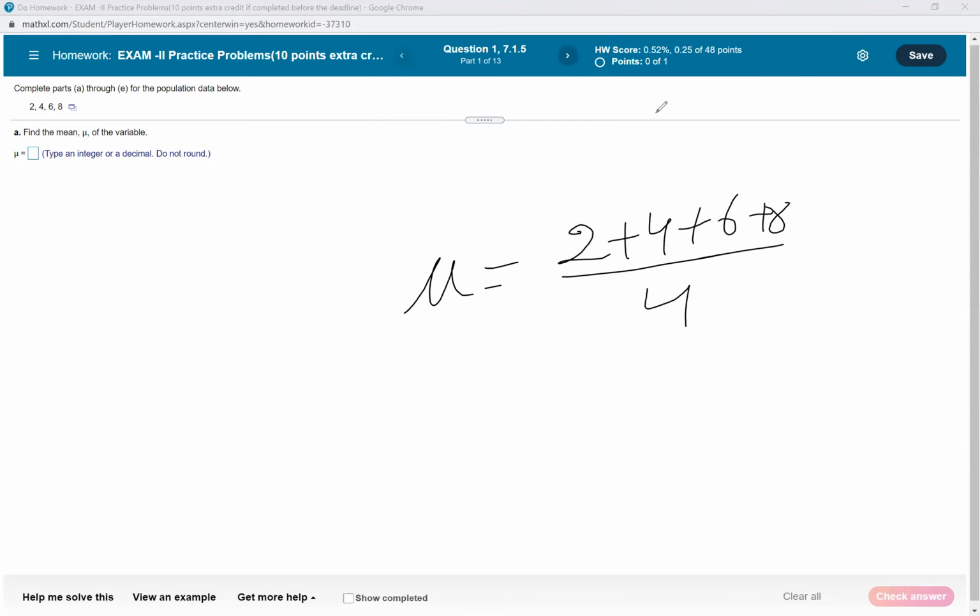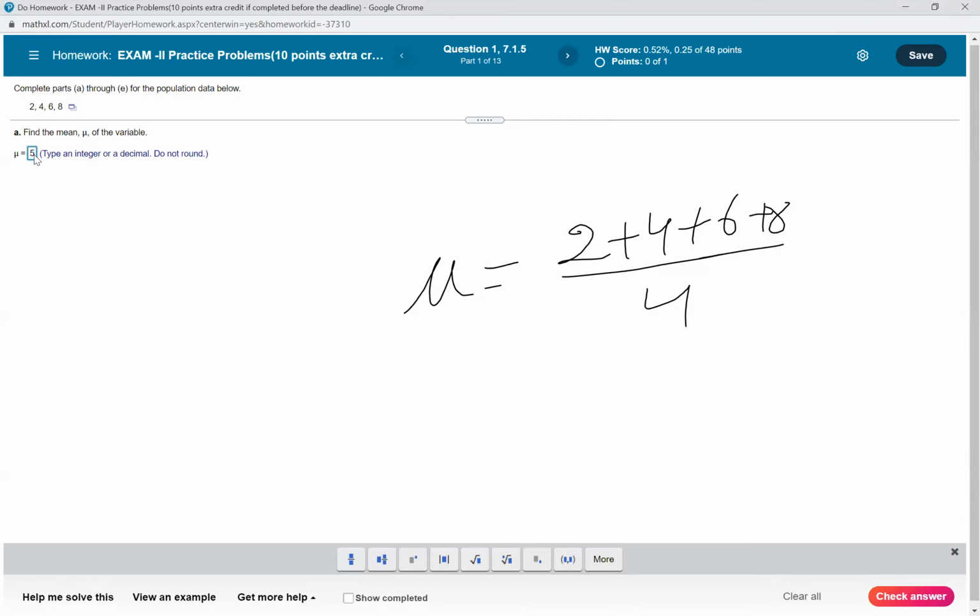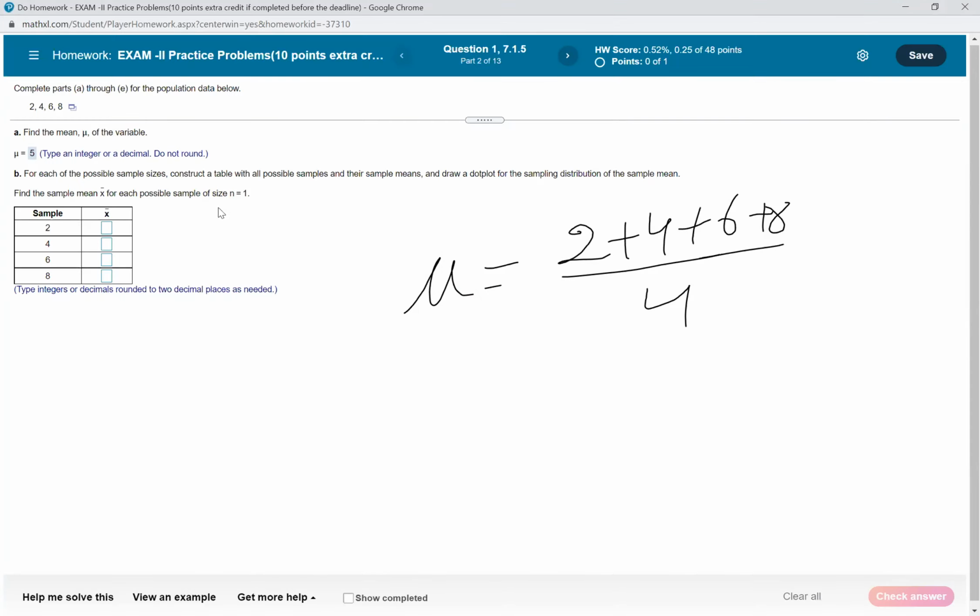So 2 plus 4 plus 6 plus 8 divided by 4 will be 5. So the answer for this question is 5. Mu is 5 here. Let's check the answer. Yeah, that's correct.